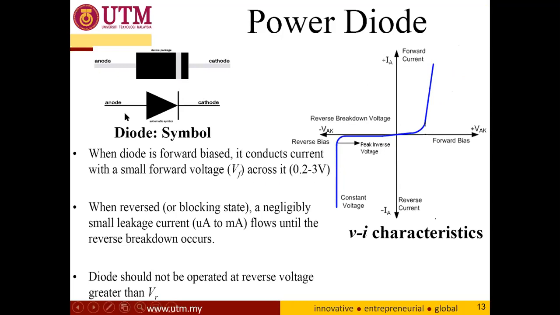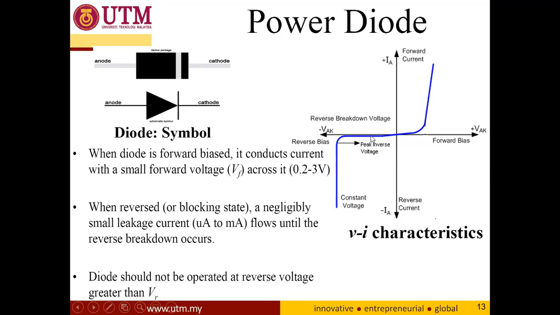When reversed, meaning that the cathode is positive and the anode is negative, it is in a blocking state, meaning that it does not allow current to flow. It can be modeled as an open circuit, but there is a very small leakage current.